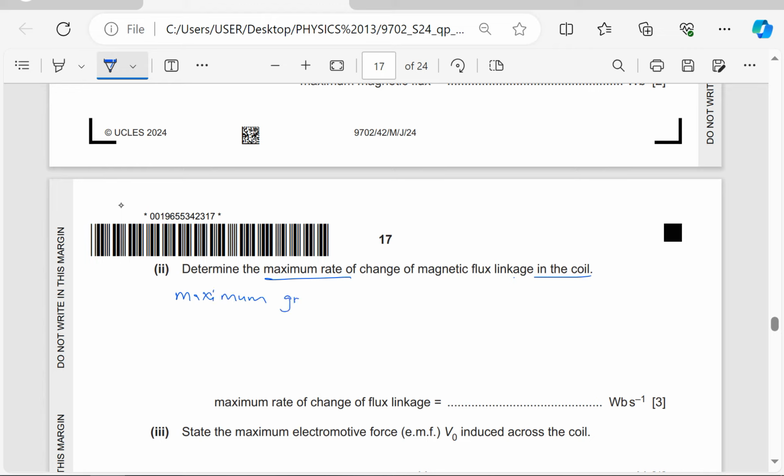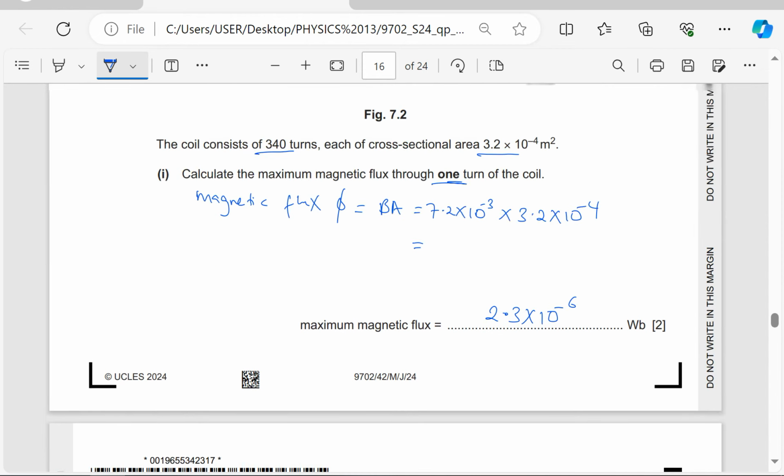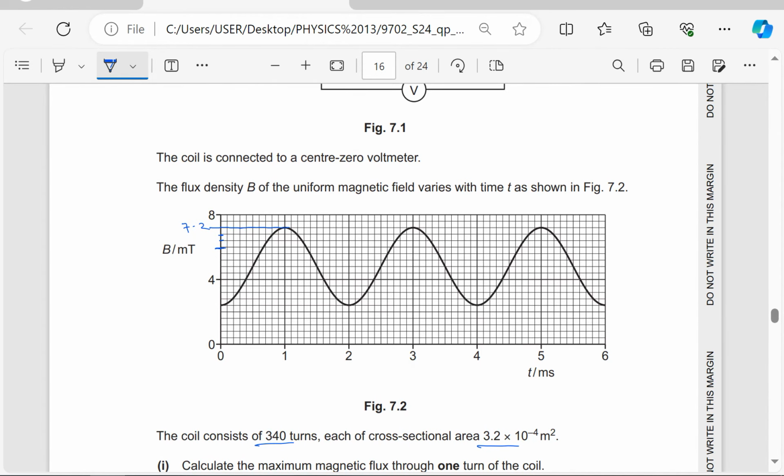Of course, the gradient is delta B divided by change in time.